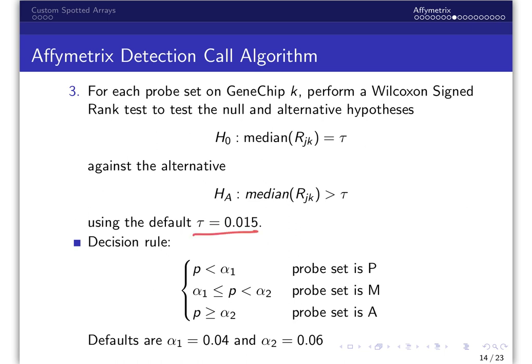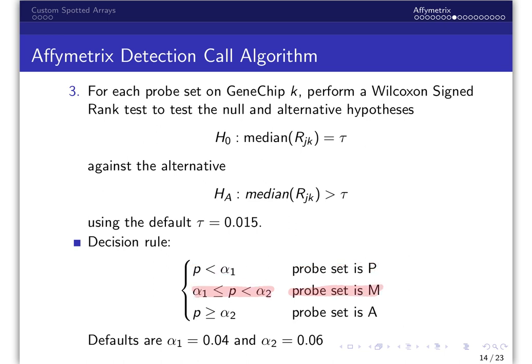Note that tau is defined as some small non-negative number that can be altered by the user. The default is 0.015, which was empirically selected in a Latin square experiment. The decision rule is based on the resulting p-value. If the p-value is less than alpha sub 1, then the probe set is declared present.